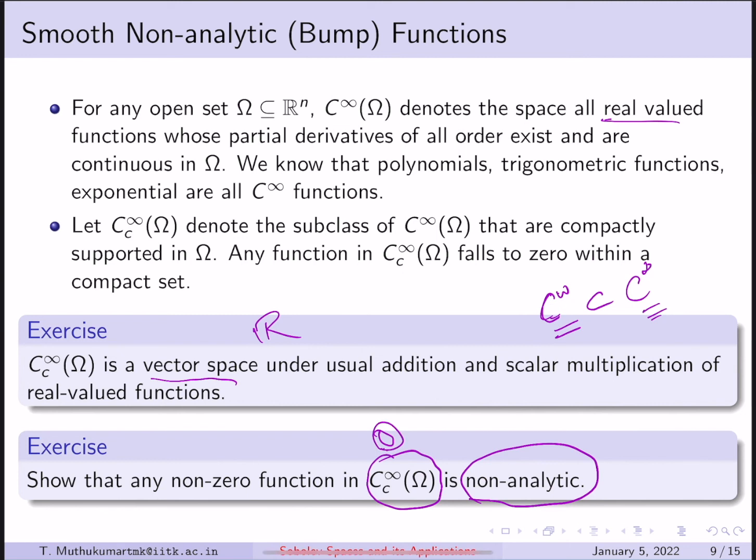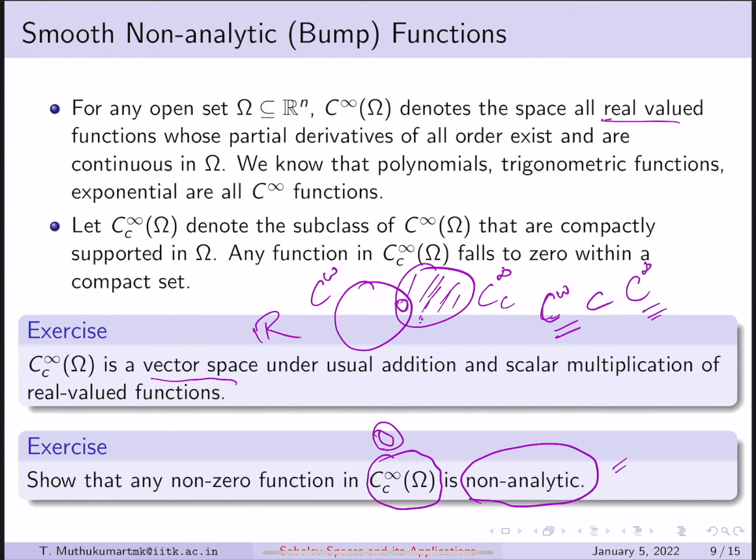So 0 is the only common element. If this is the analytic class and this is the C infinity C omega class, 0 is the only element sitting in the intersection. Every other element of C infinity C omega is not analytic. That's an exercise that you need to prove. And that's important, which is why if you try to think of an example for this, it is not immediate.